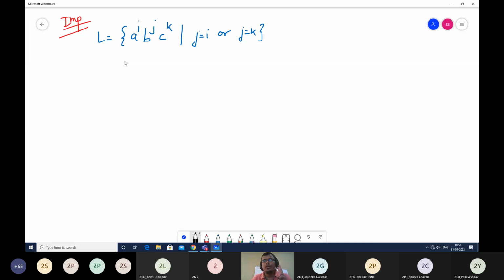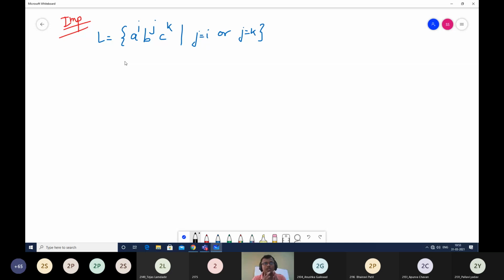The first condition is that J is equal to I. The second is OR with J is equal to K. So first let us focus on J is equal to I, and then we will think of what could be the grammar for J is equal to K. As it is an or, we can create an or in our grammar also.